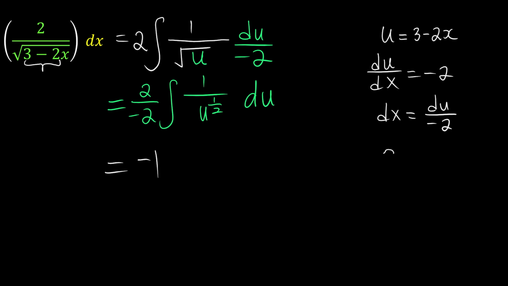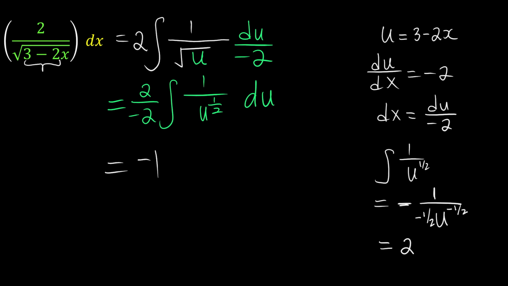Do you remember what is the integration of 1 over u power of 1 over 2? The trick is just negative 1 over the u, then the power minus 1, half minus 1 is negative half. And then it's the same for the coefficients. So we have negative 1 divided by negative half. Negative 1 divided by negative half is just 2. And u power of negative half is at the bottom.